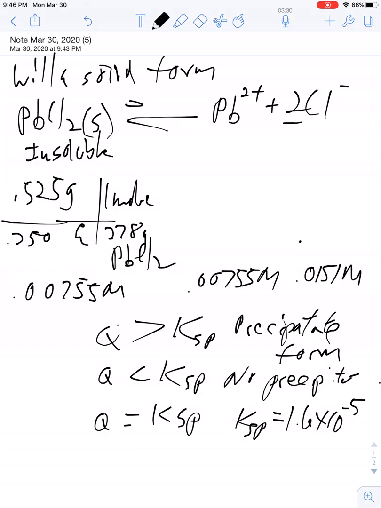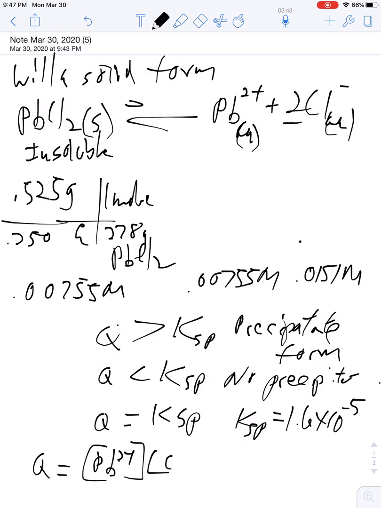So Q is going to be products over reactants. We don't include solids. We only include the things that are aqueous. So lead over chlorine. Don't forget the square of the chlorine. All right, like I did in the last video. So let's plug in our initial concentrations.